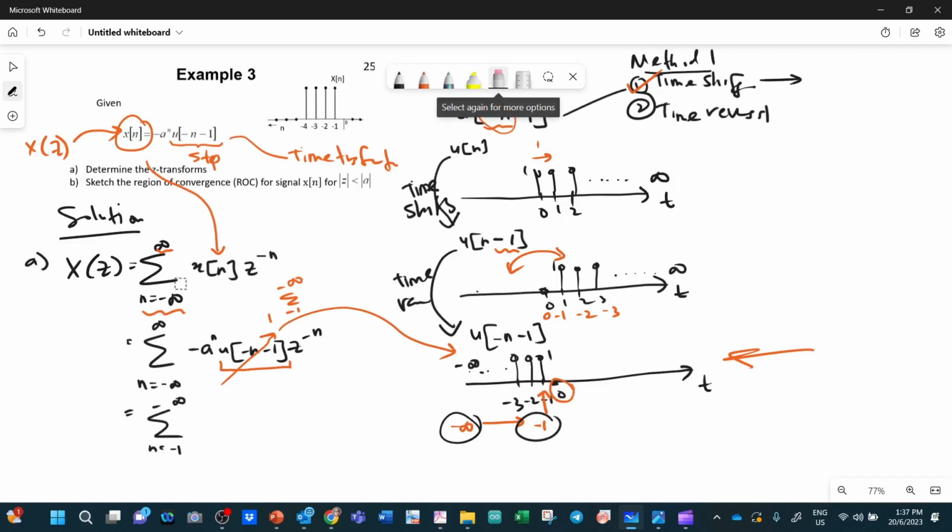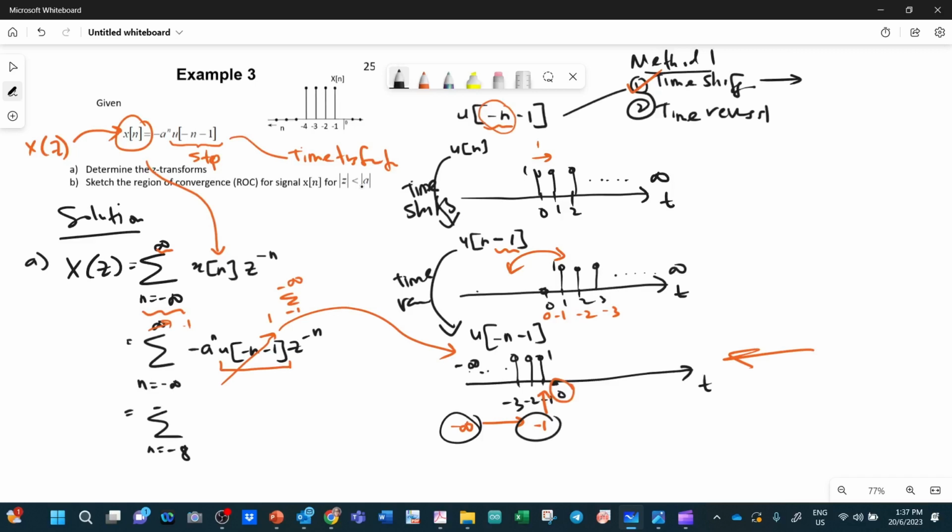Sorry, it's from minus infinity. Okay, so it's the wrong way. So here, n from minus infinity is correct, but is it until infinity? No, it's until minus 1. So this is until minus 1.